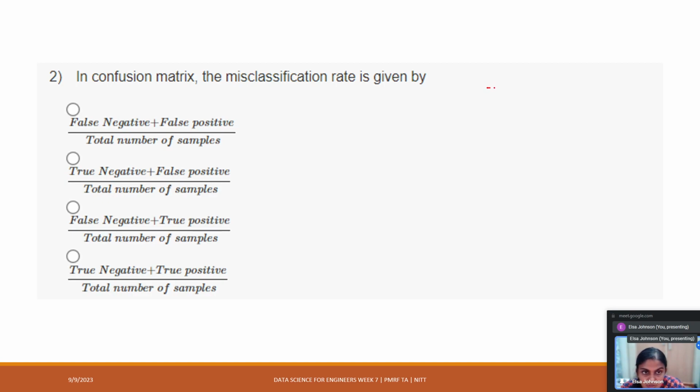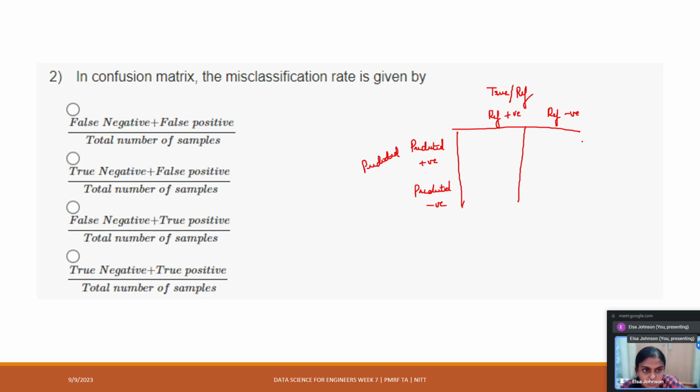This is the reference value, positive and negative, and here you get the predicted values, positive and negative. Only two classes are there, either yes or no, like a binary classification problem.